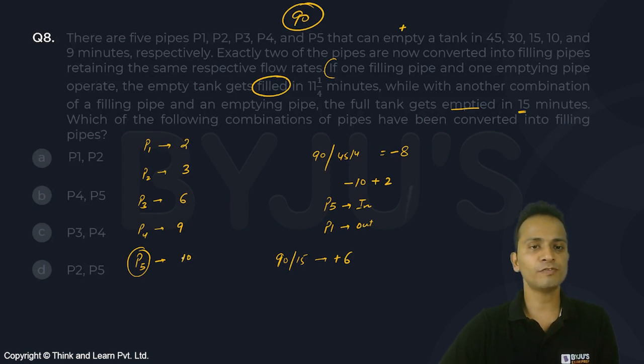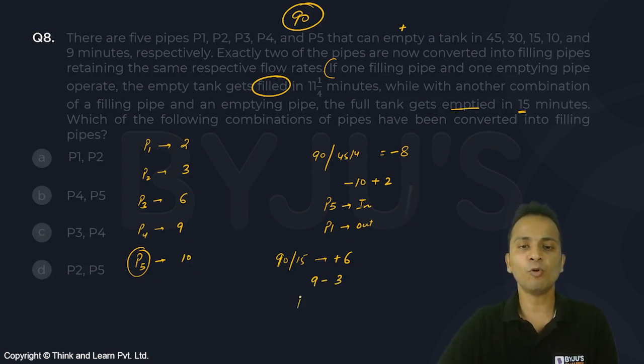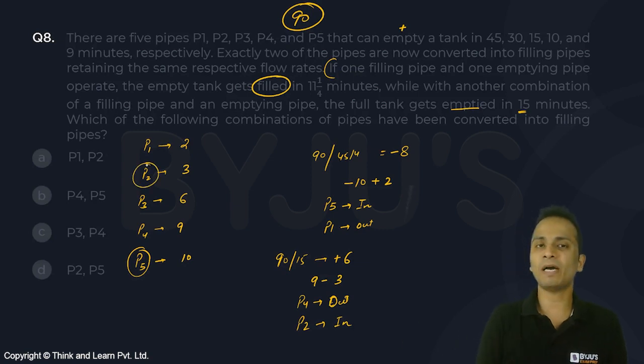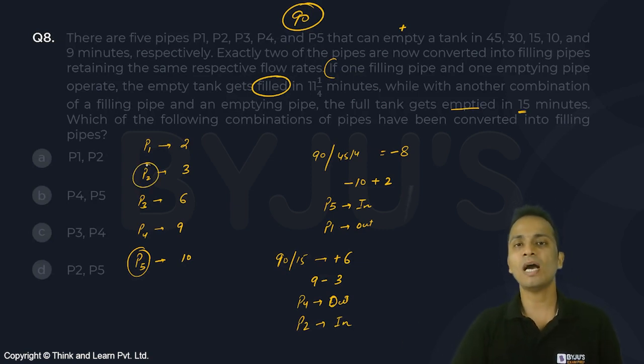Now with a combination of these, how can I make plus 6? It can be 9 minus 3. So P4 will work as an outlet pipe, and minus 3, P2 will work as an inlet pipe. So P2 is the second pipe being converted into an inlet pipe from an outlet pipe.